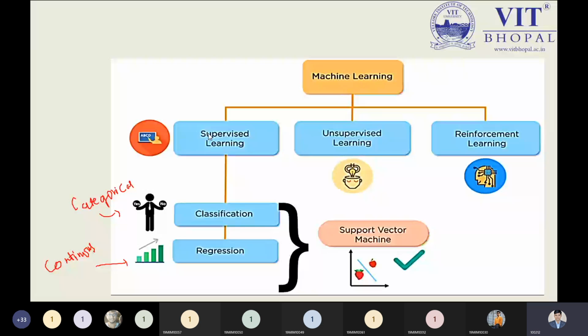That's why it is written over here. So SVM and logistic regression internally support prediction as well after the classification approach.